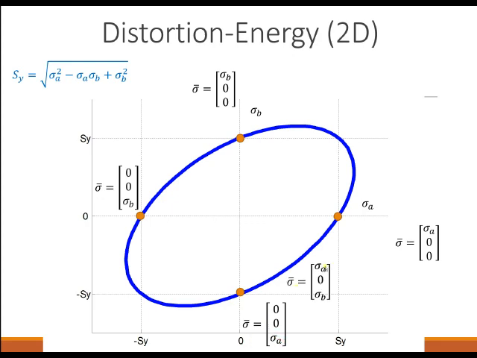And then finally, very similar to this upper region here, sigma A is positive and sigma B is in compression. So that's the distortion energy theory.